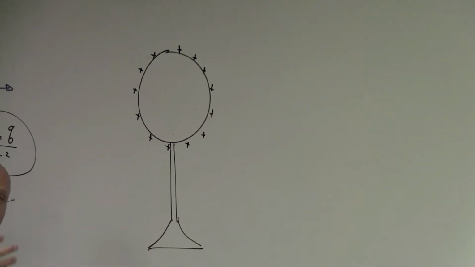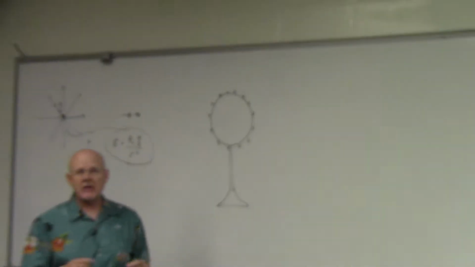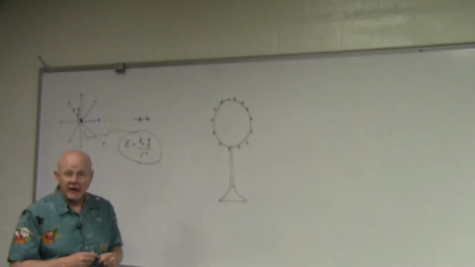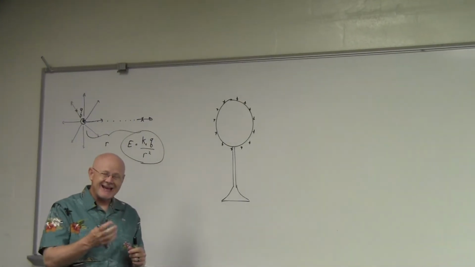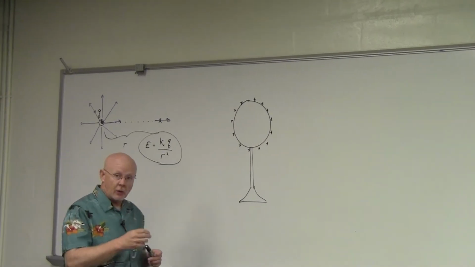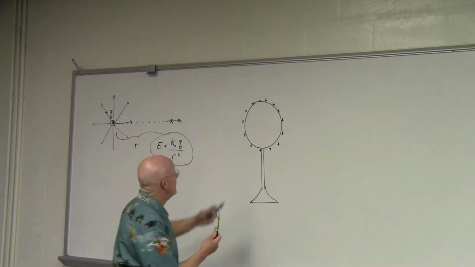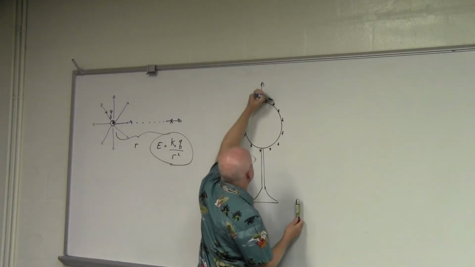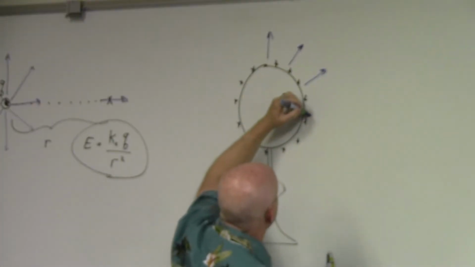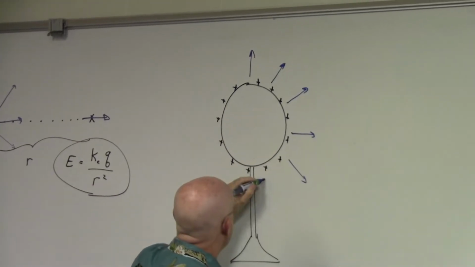And what you're about to learn, and maybe you already have by the time you see this video lab, is that in Gauss's law, we show that even though this is not a point, it still creates an electric field.